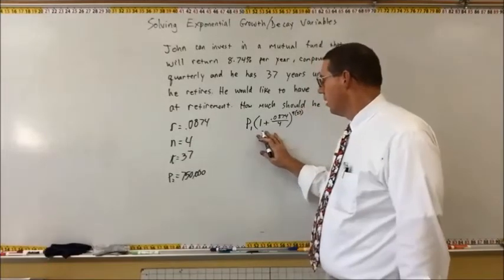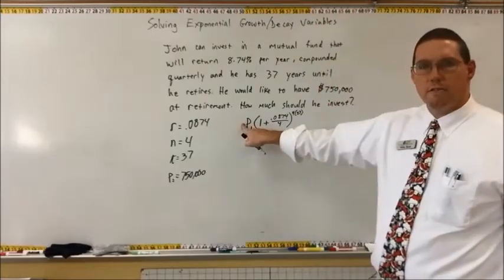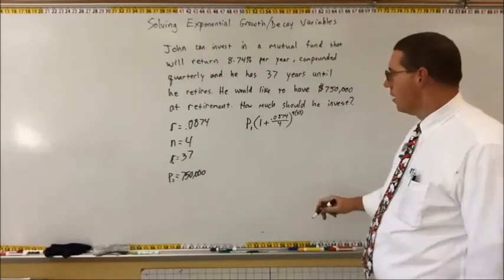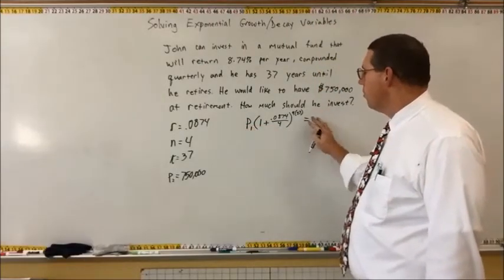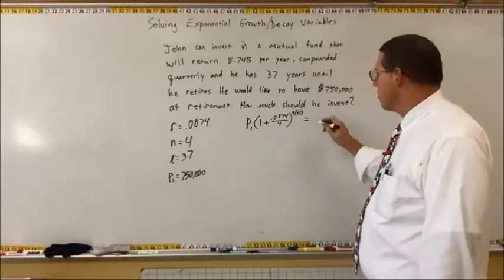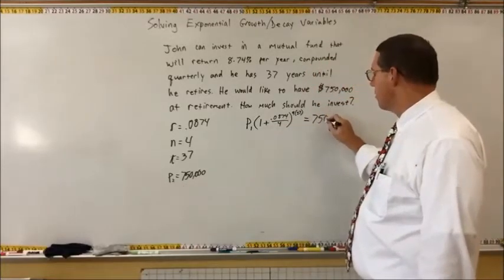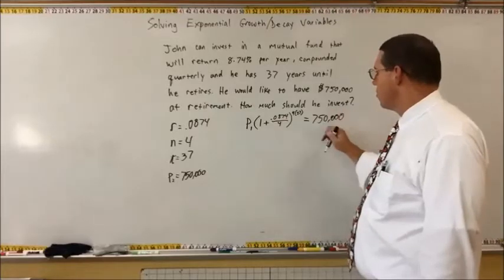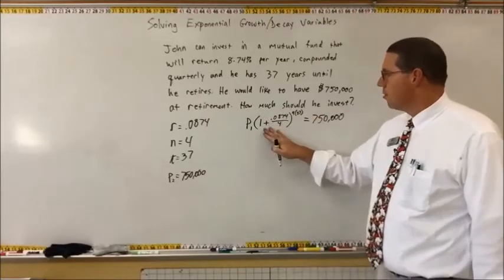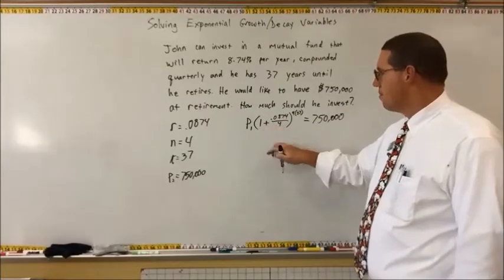This is our formula, but we don't know how much he's investing, so we're just putting a P there. Equals, but we do know the answer. We know that the final answer needs to be $750,000, right?